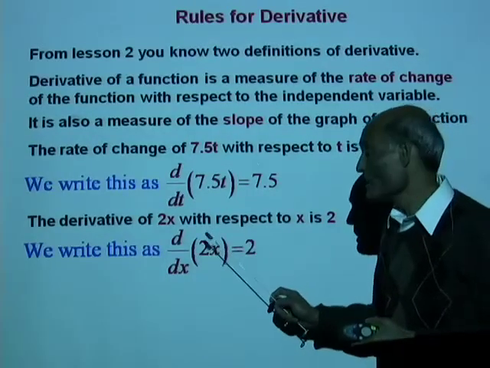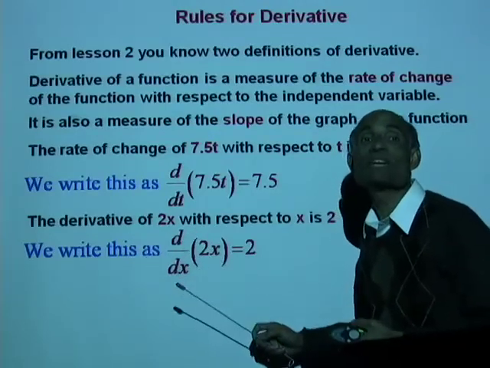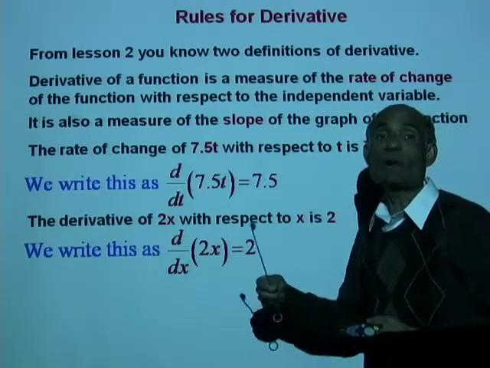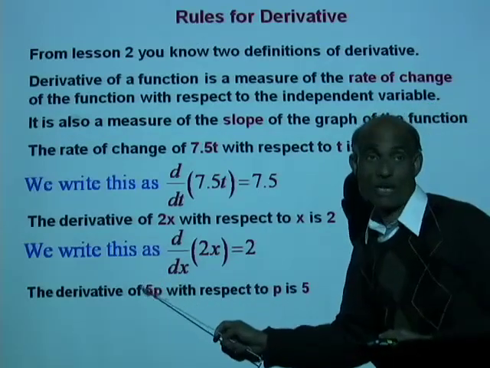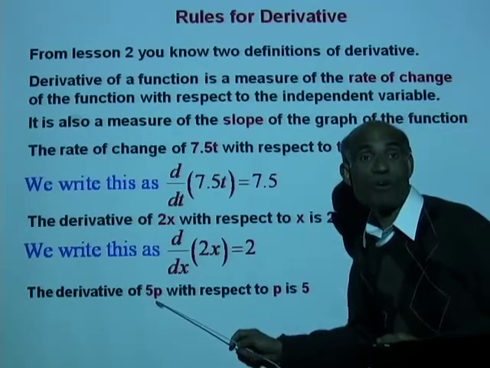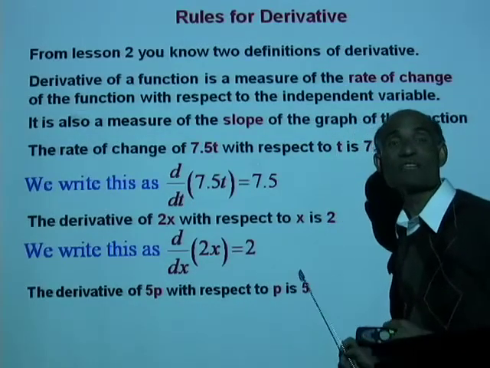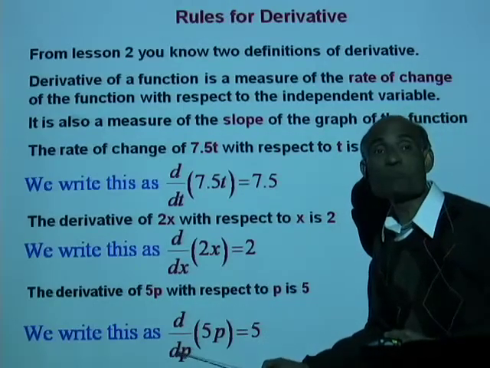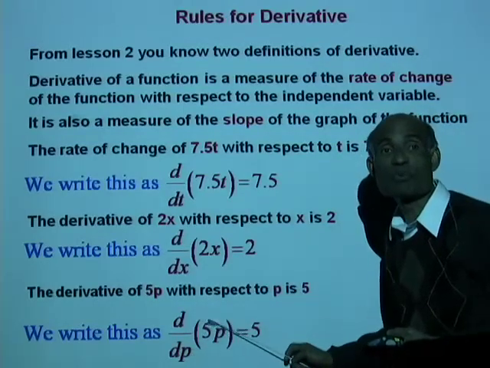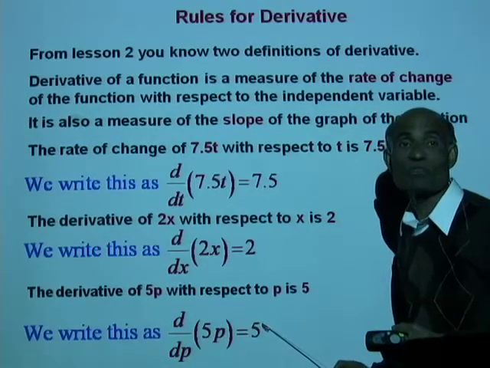In other words, if y equal to 2x, then dy by dx will be 2, or y prime will be equal to 2. Again, the derivative of 5p with respect to p is 5, or d by dp of 5p equal 5.